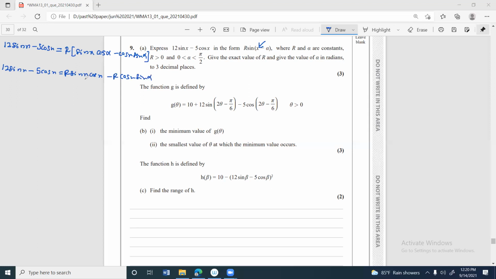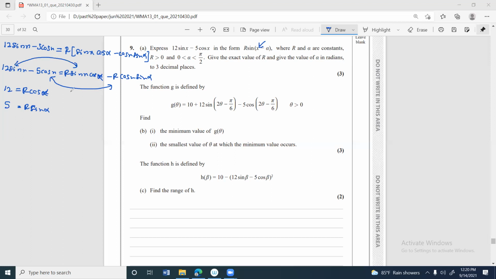So definitely it will come in a way of comparing these terms. You can say these two terms are similar. If you get the sin x term, so you can say 12 equals to r cos alpha. And these two are again similar. It's turn up to 5 equals to r sin alpha, because these are the two cos x terms, right?